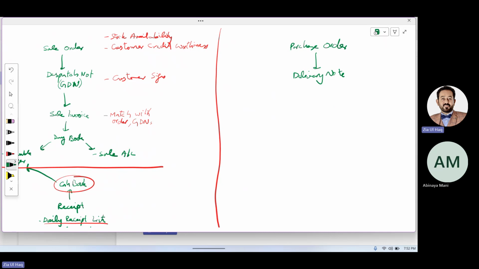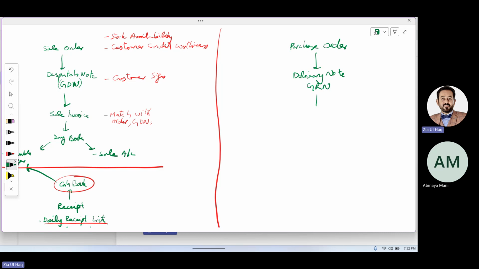And we will keep this note as a GRN, goods received note. In sales, there is a sales order, while in purchases there is a purchase order. In sales, there is a goods dispatch note, while in purchases there is a delivery note called GRN.